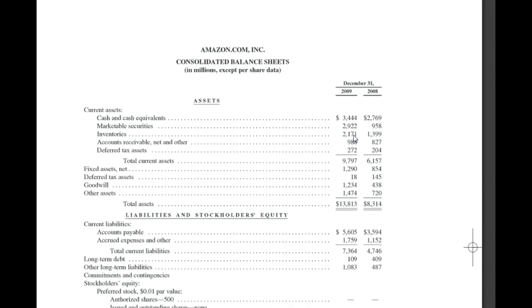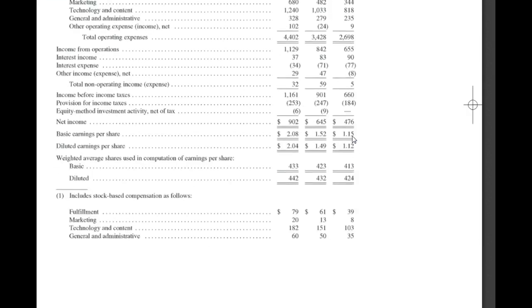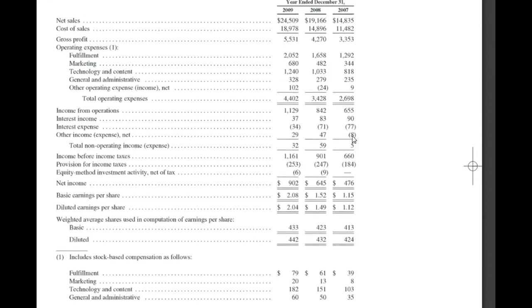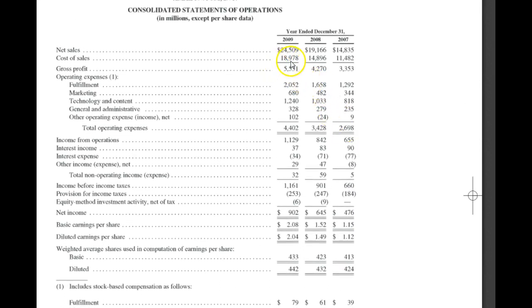And then I have to find my cost of goods sold. So my cost of goods sold is going to show up where? It's going to show up on my income statement. And cost of sales was $18,978. So we can plug that in there. Now I have beginning inventory at $1,399.